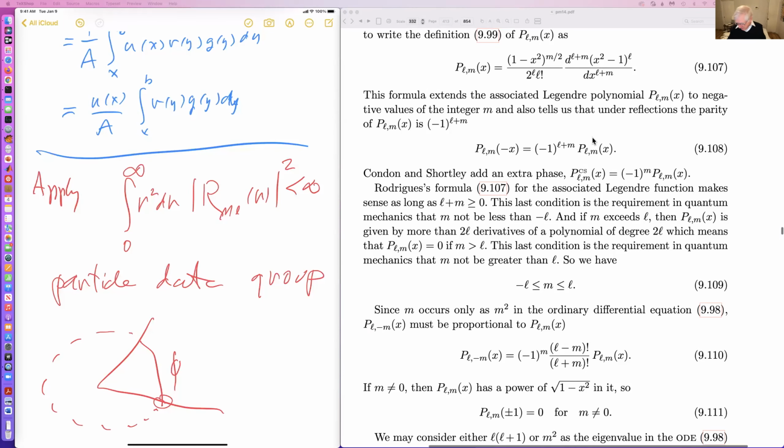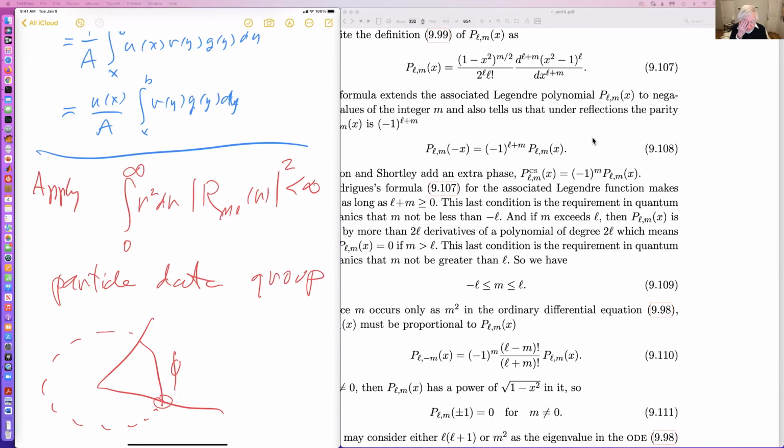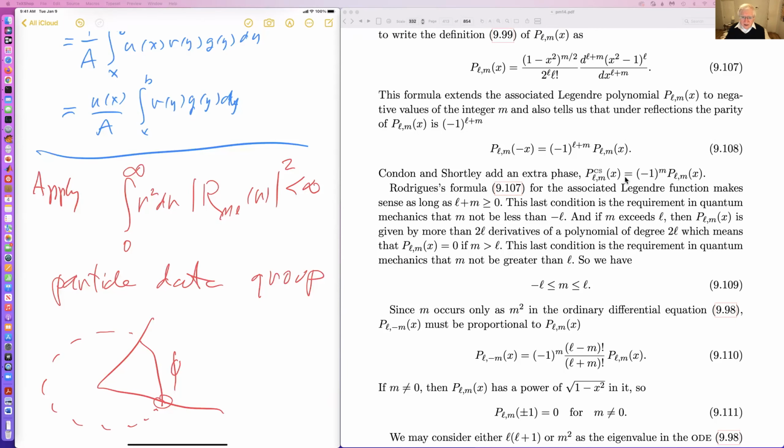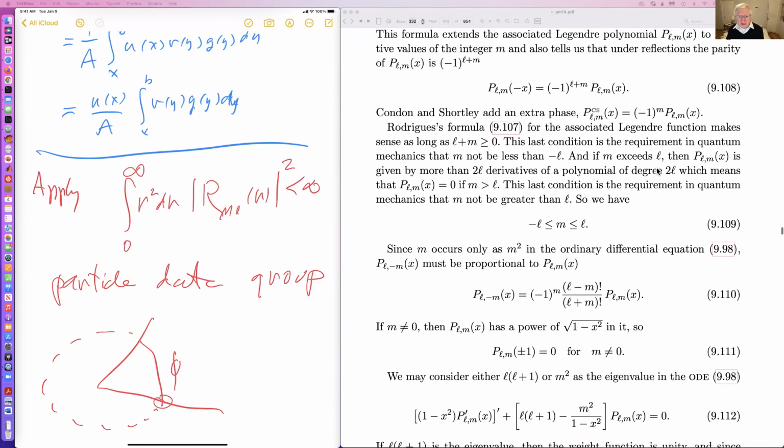So this is the thing that leads to many of the selection rules of atomic physics. Condon and Shortley have an extra phase. I don't know if we need to know that.